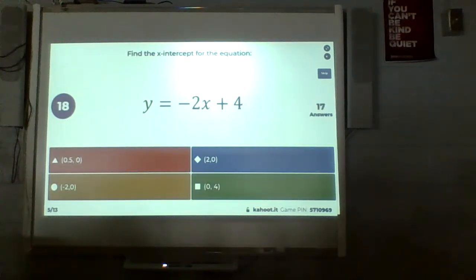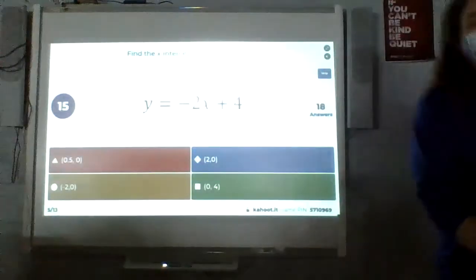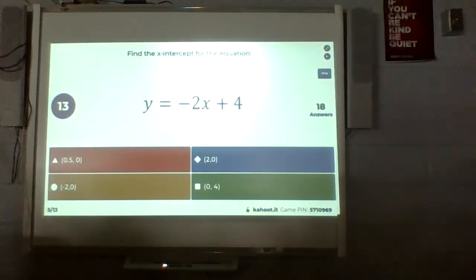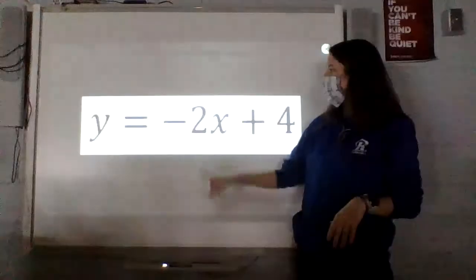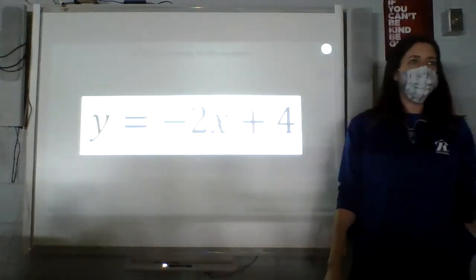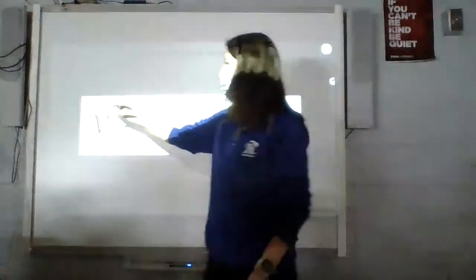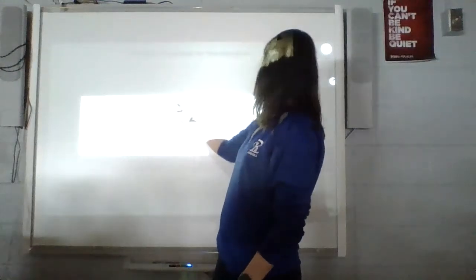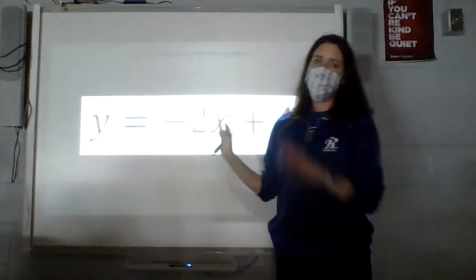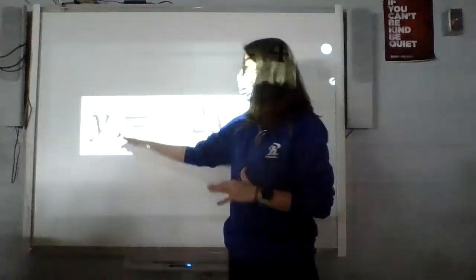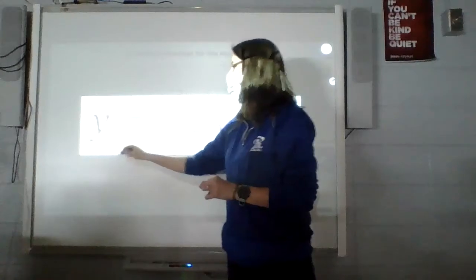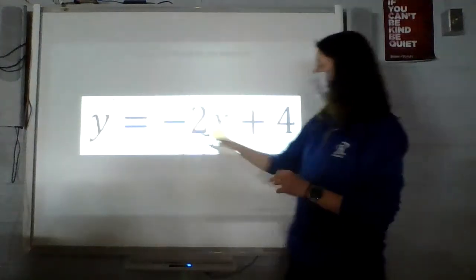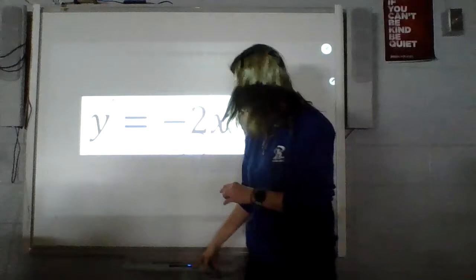Which one equals 0? The y. So the y is going to be 0, which means we have to solve this one. You can do some guessing and checking, or you can move the 4 over and then divide by -2. So you find out your x is going to be 2. That's the x value that makes y equal 0.